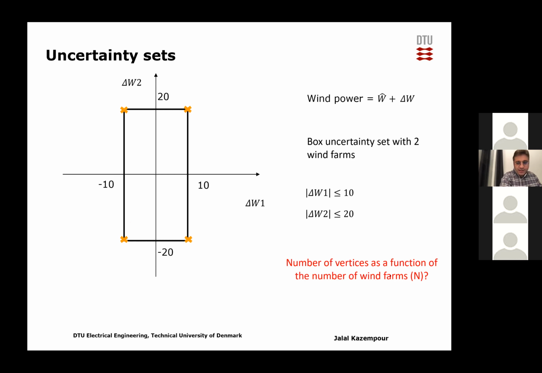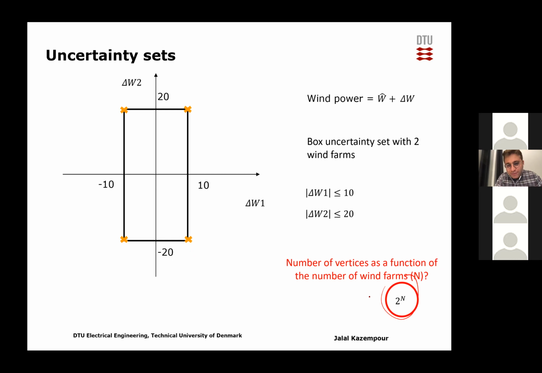In general, what is the number of vertices in a box uncertainty set as a function of the number of wind farms n? Any clue? Yes, exactly, it's 2 to the power of n.